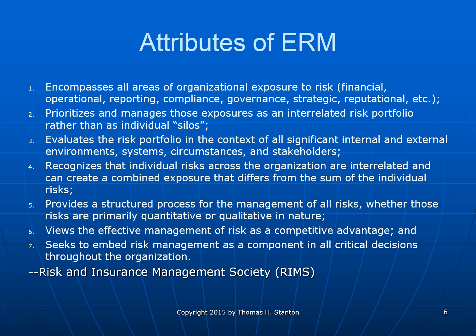And then you evaluate that risk portfolio in terms of all significant internal, external environments, systems, circumstances, and stakeholders. And then number 4, you recognize that individual risks across the organization are interrelated, and you can end up with a combined set of risks that are quite different from the individual risks seen alone.